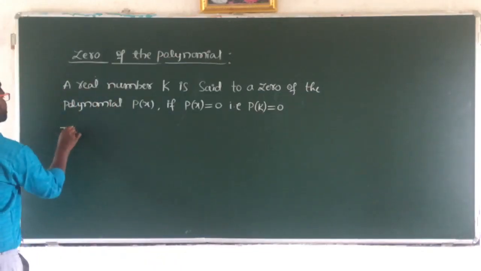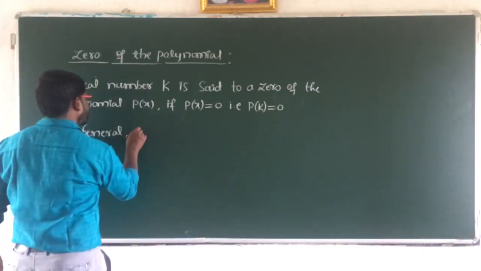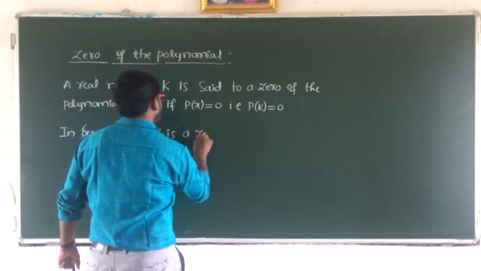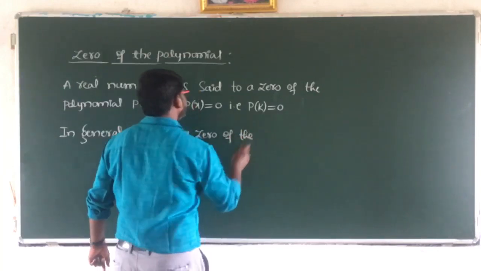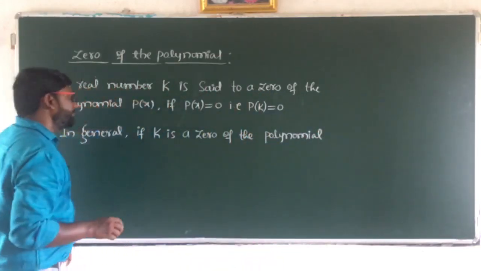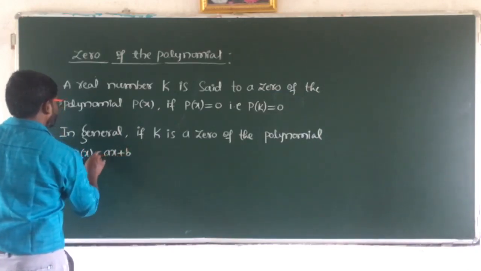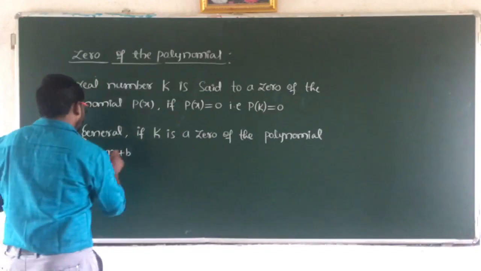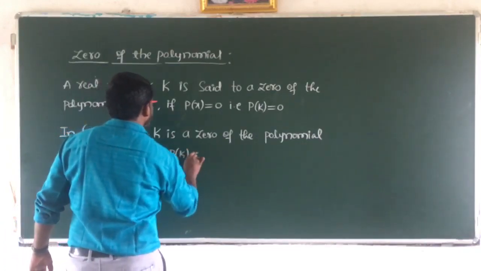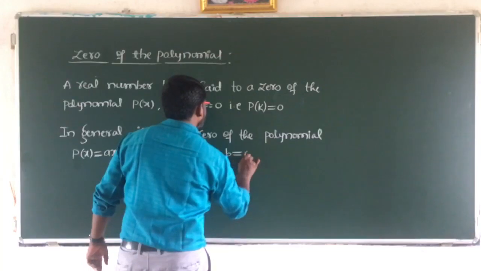In general, if k is a zero of the polynomial p of x equals ax plus b, then p of k equals ak plus b, which equals 0.